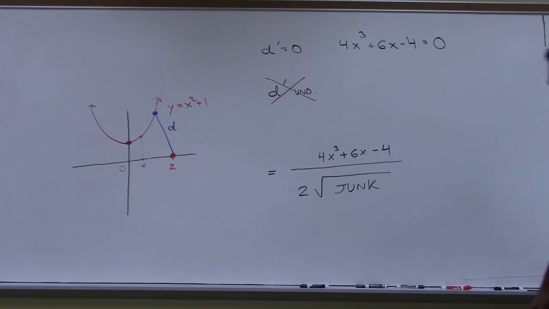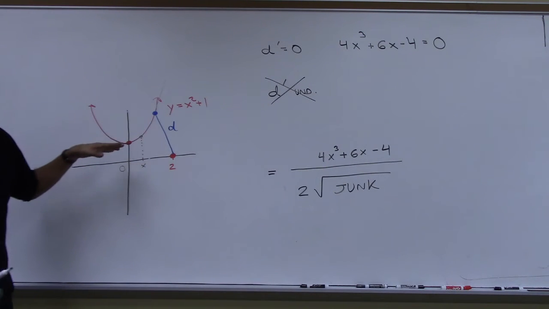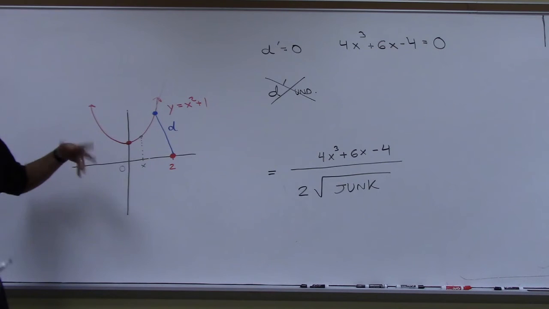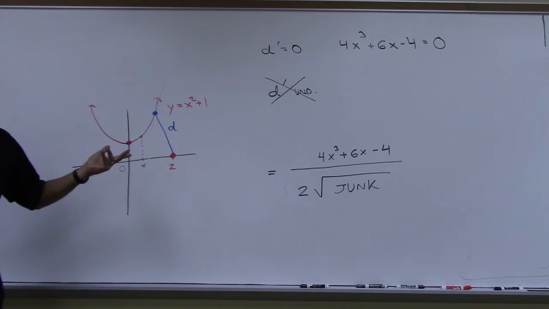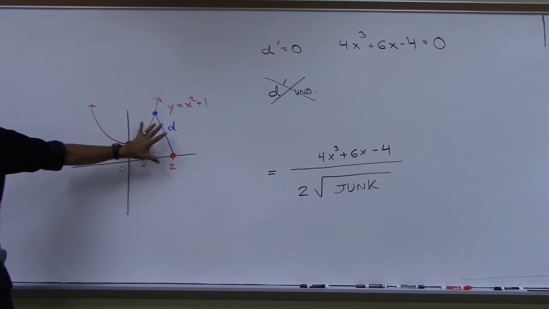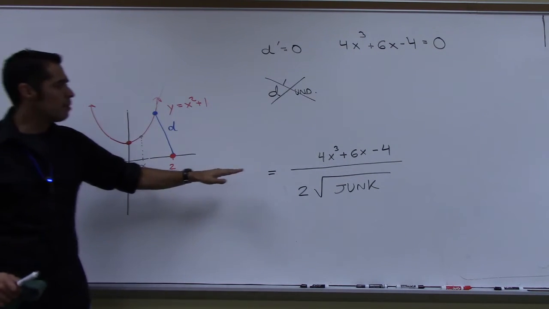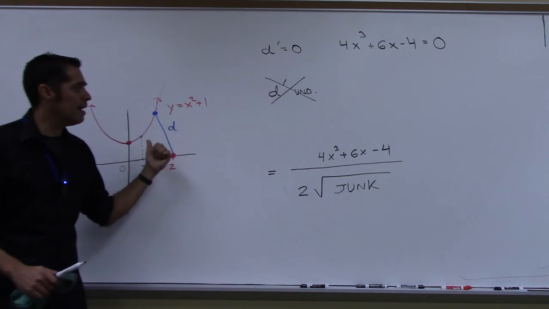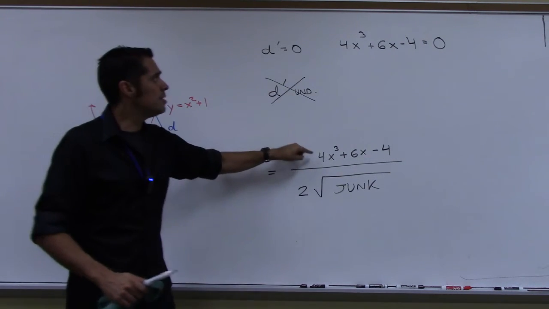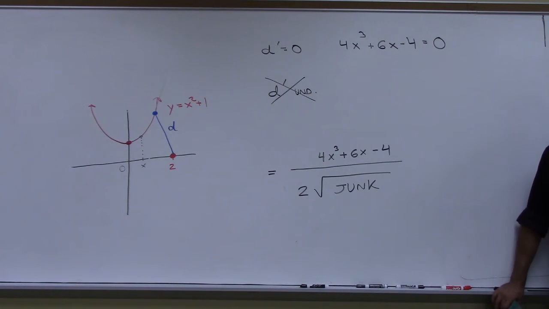So let me explain what's going on here. I picked this problem as just a random problem, hoping that we'd be able to get to an answer. We've done everything correct. There's nothing wrong in what we've done. The problem is, in order to figure out what this x is, we have to be able to solve this equation right here, right? And up to this point, we don't have a way of solving that.